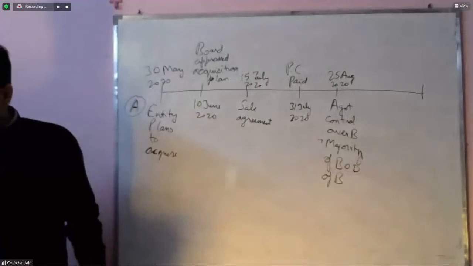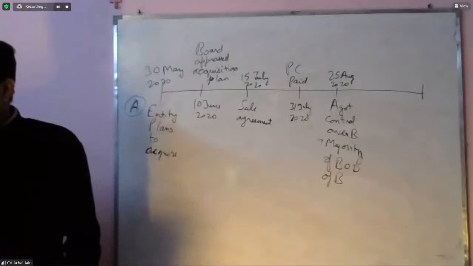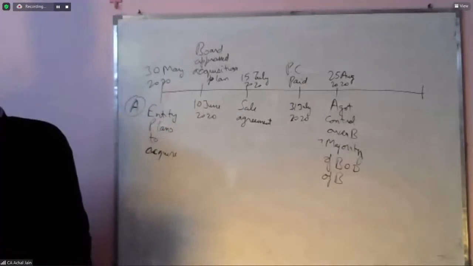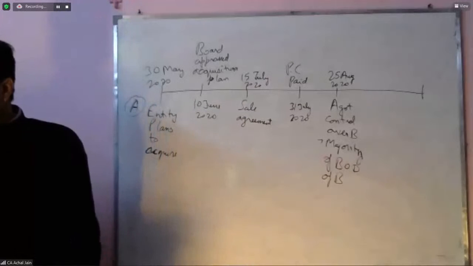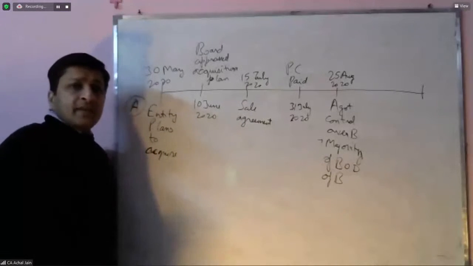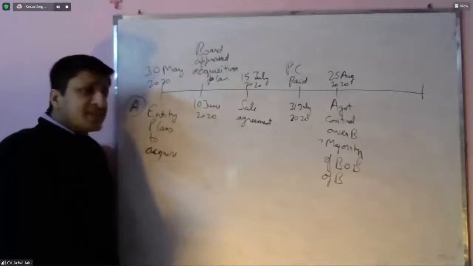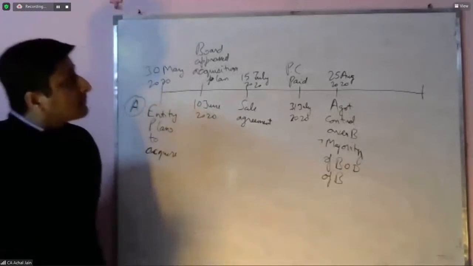You need to tell me the date along with your thought process, along with the reason. Quickly. Tell me, which of these dates you will consider as the date of acquisition?